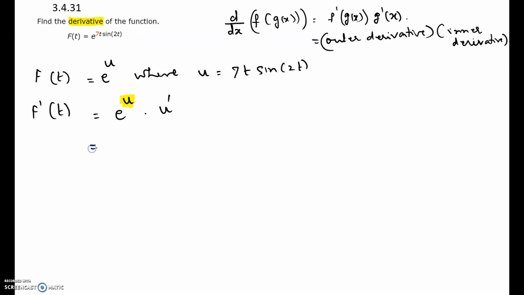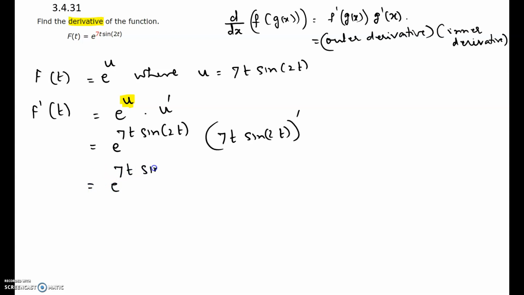So it is e to the 7t sine of 2t, then the inner derivative, which is the derivative of 7t sine of 2t.